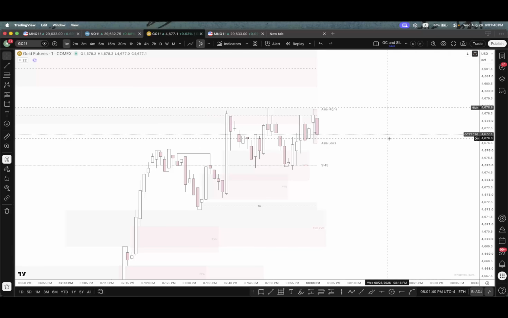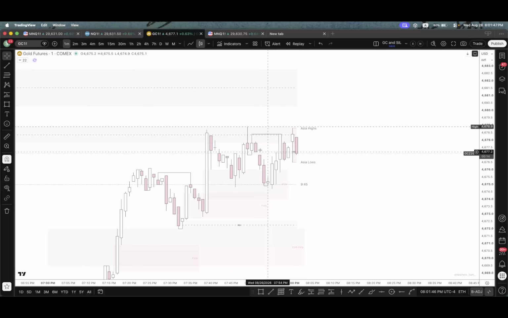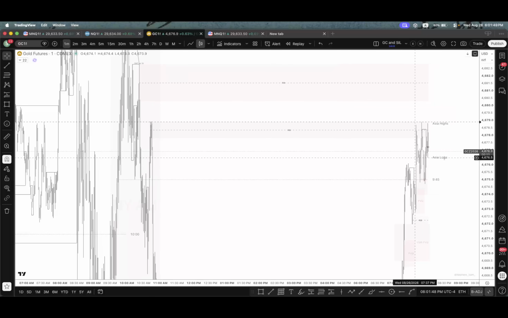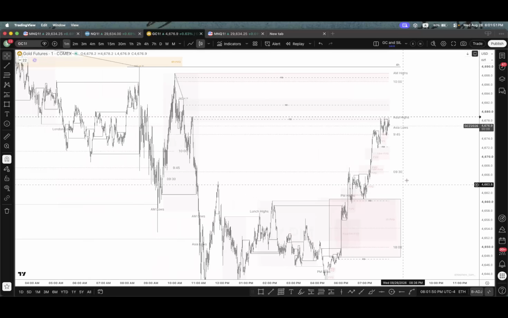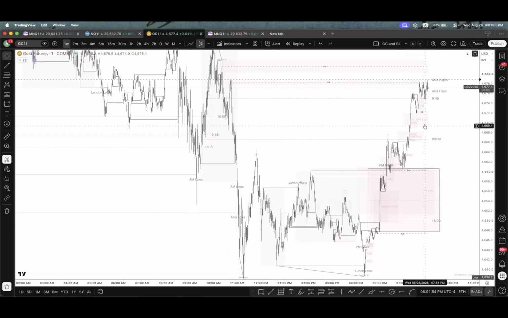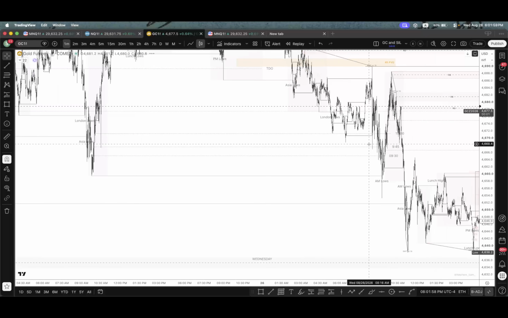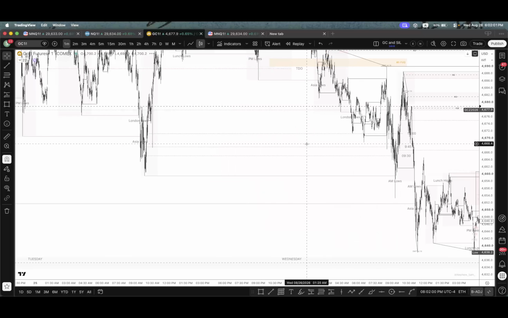Okay, so market opened. Let's see if we hear any alerts. Yeah, this is pretty interesting, I kind of like both NQ and GC right now. Okay, AM had pretty good expansion.